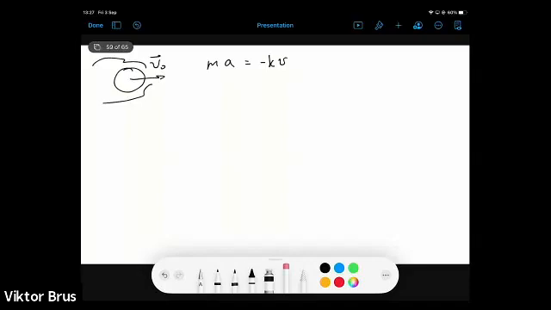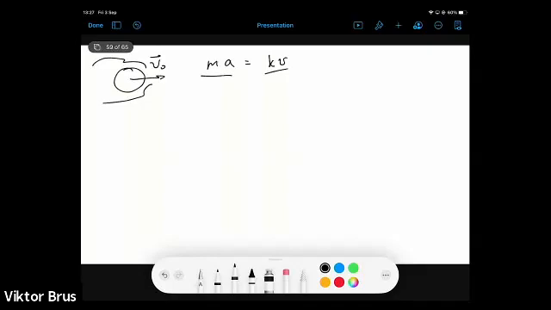Actually, no, again, we don't need this minus here. So this ma is equal to kv, which is defined by the drag force.